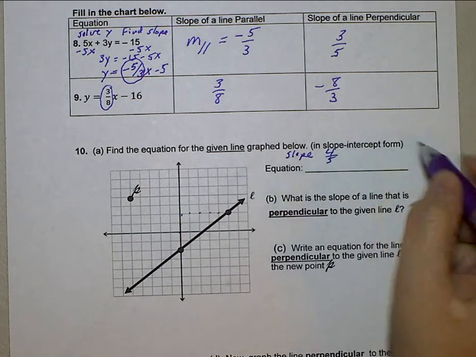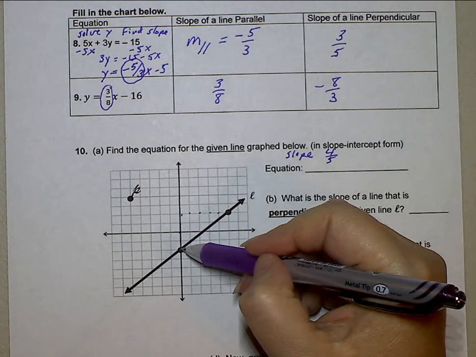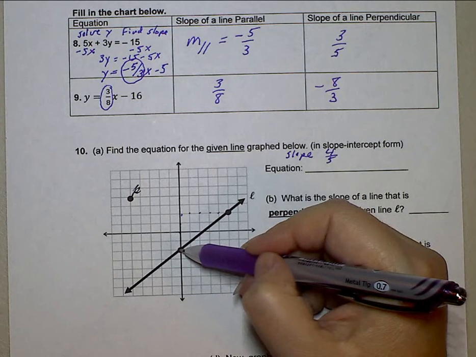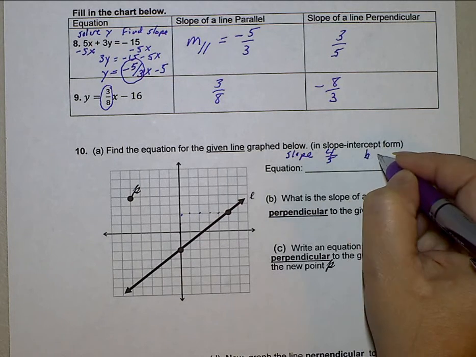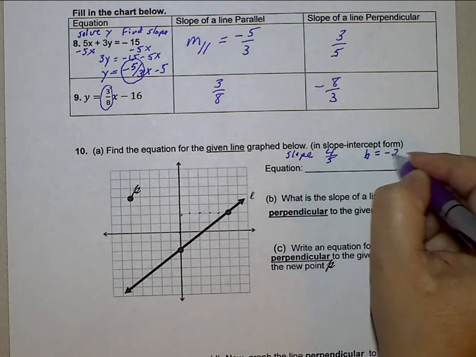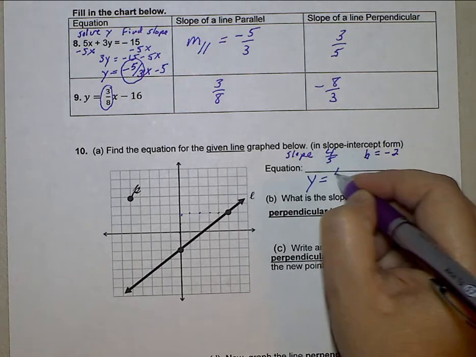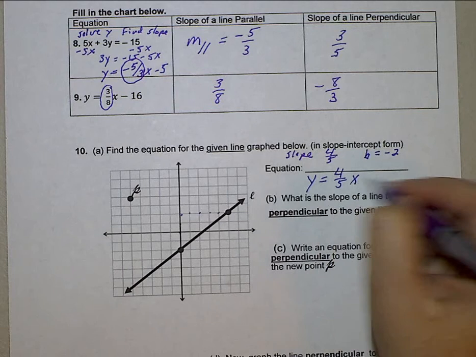We also know this right here, and this is also my y-intercept. So this point is -2, which is b. So my equation is going to be y equals 4/5 x minus 2.